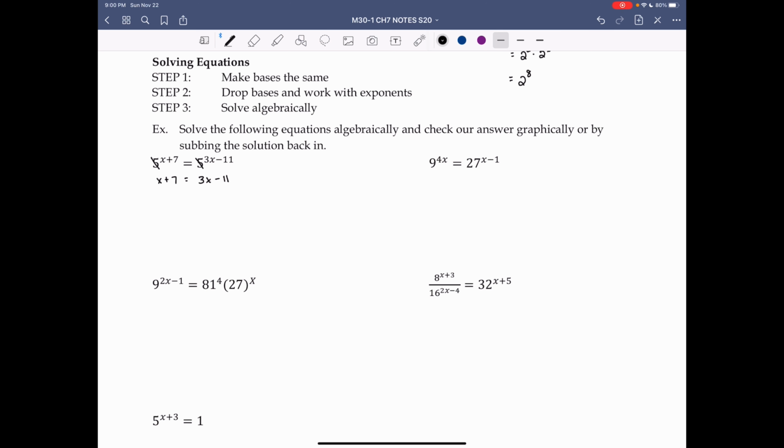I'm going to subtract x from both sides to put the x's on the right and add 11 to both sides to put the constant terms on the left. Then I get 7 plus 11 is 18 equals 3x minus x is 2x. Then divide both sides by 2 and we get x equals 9.